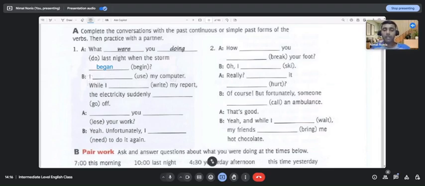I was using my computer. While I was writing my report, the electricity suddenly went off. Okay, so which one was happening, or what is the action which was in progress? If you look at this one, we can write like this. I was using my computer.